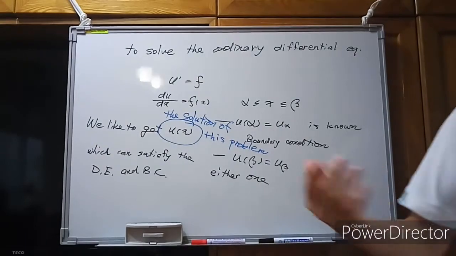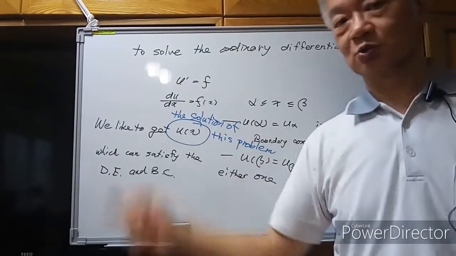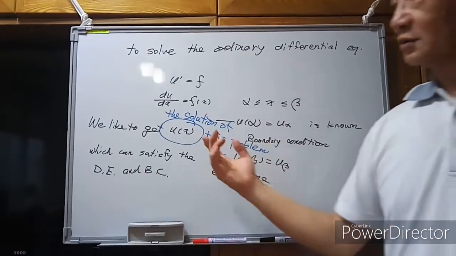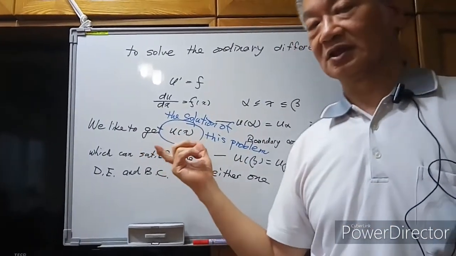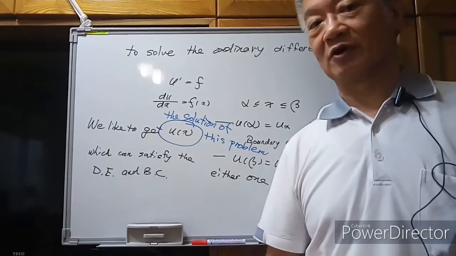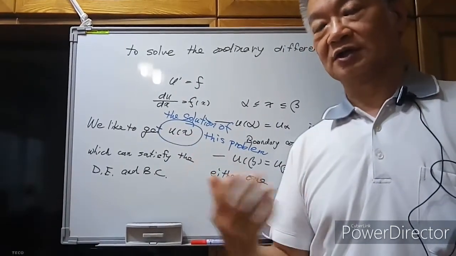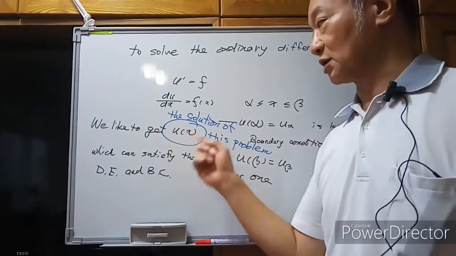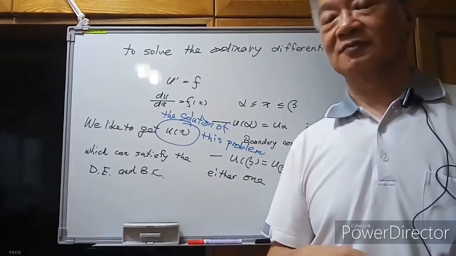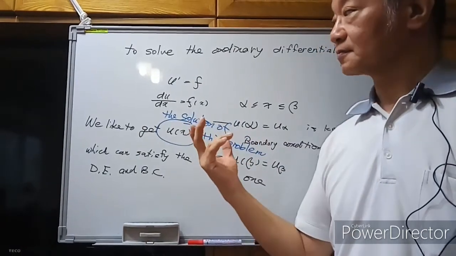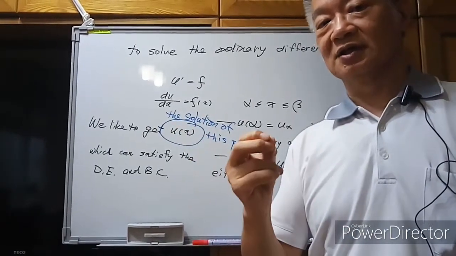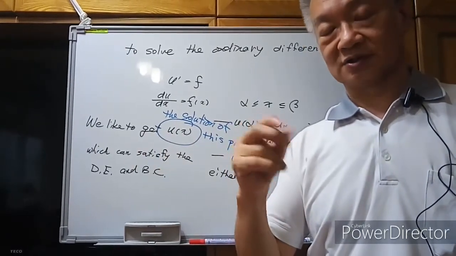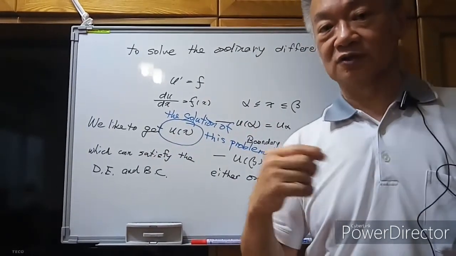When we solve the problem, we'd like to get the solution. If it is possible, it is best to get the continuous u of x function. But right now we are not trying to solve for the continuous u of x function. With today's technique, we can get the discrete solution for u of x.